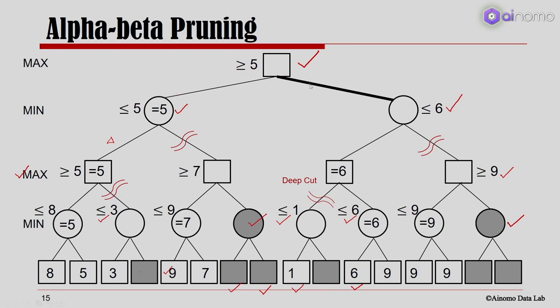So this side is 5, this side is 6. So he prefers this side that brings him to 6, and then goes down this path which is 6. This is what Max does with the first best move that he has extracted from the Minimax procedure and reduced search using alpha beta pruning.